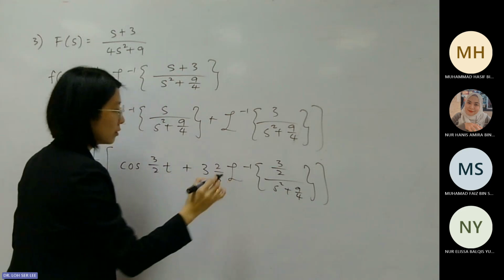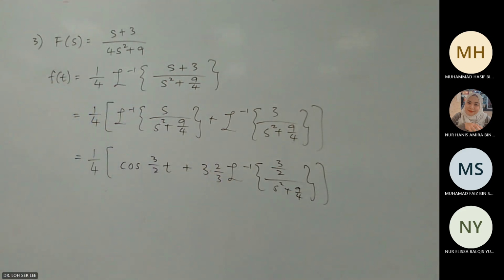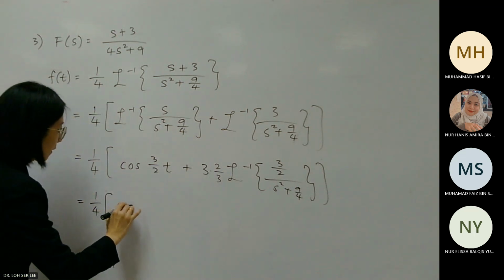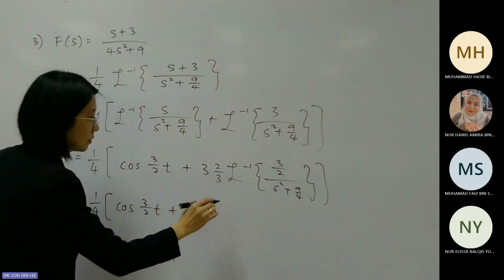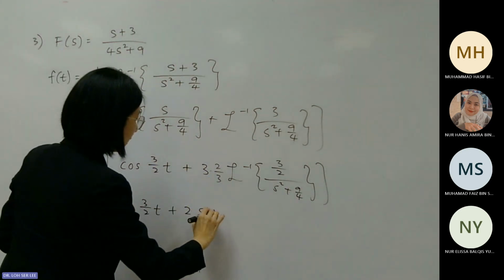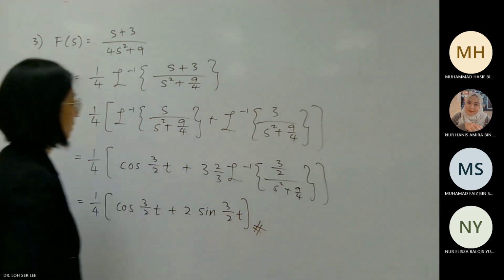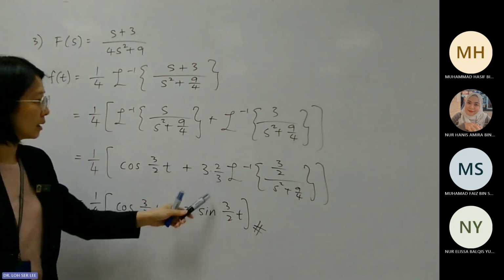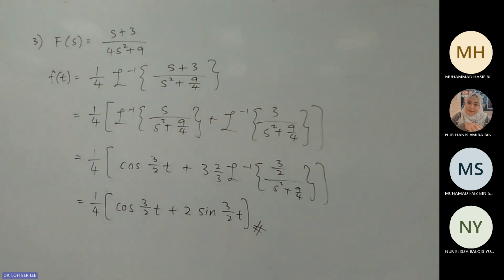Then this will be 2/3. So 2, this is sine 3/2t. Cancel the 3. Get 2 sine 3/2t.